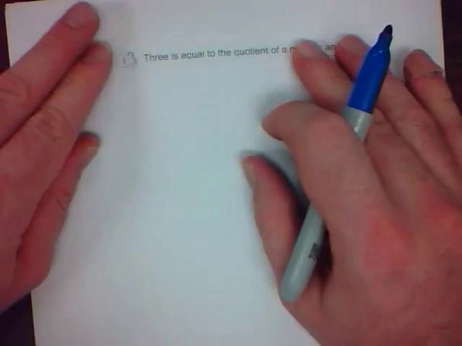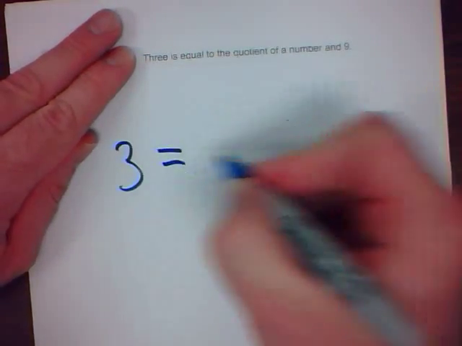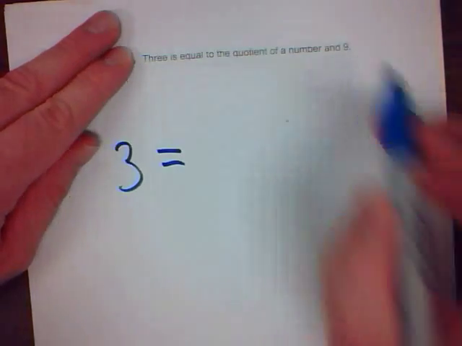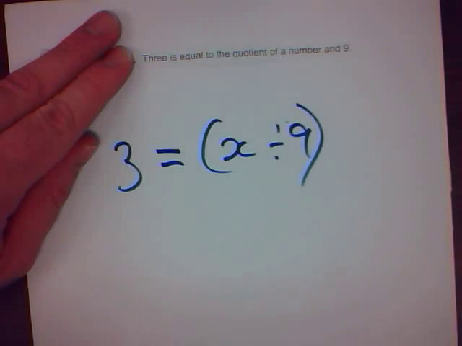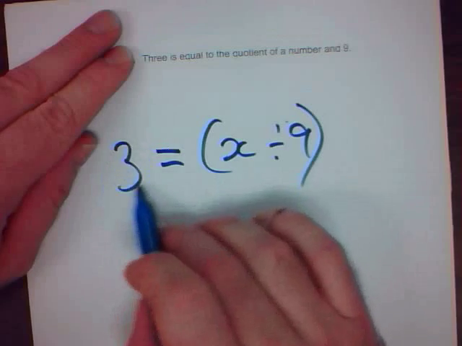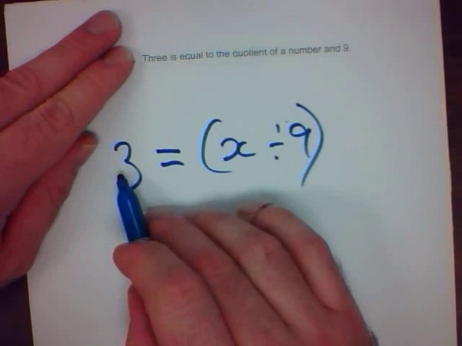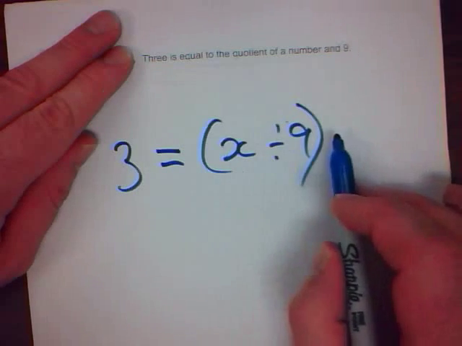And here's a tricky one. 3 equals the quotient of a number and 9. Many students are not used to putting the answer, if you will, on this side of the equal sign. And that is perfectly acceptable. This works.